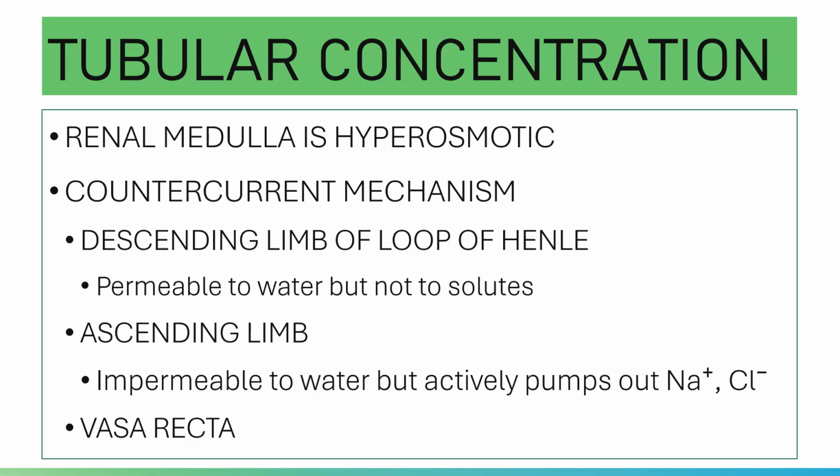Tubular concentration. Please note that your renal medulla is the only body tissue that is hypertonic to plasma. It is hypertonic, meaning it has more solutes than the plasma. Please note that the osmolality increases from the cortex border going to the papillary tips. In the cortex border there is a lesser osmolarity, but as you move toward the papillary tips, it increases.